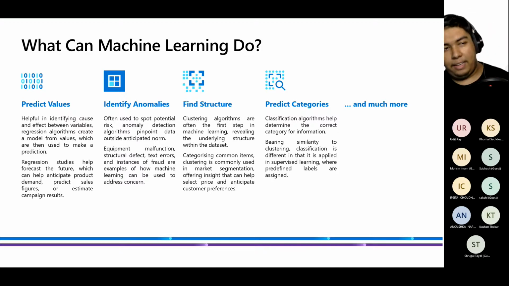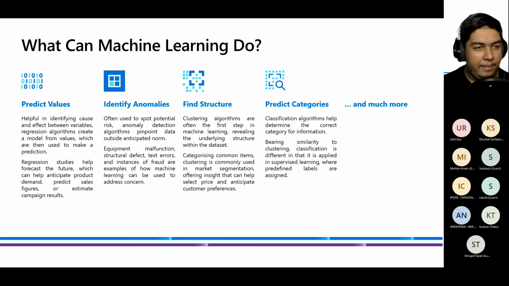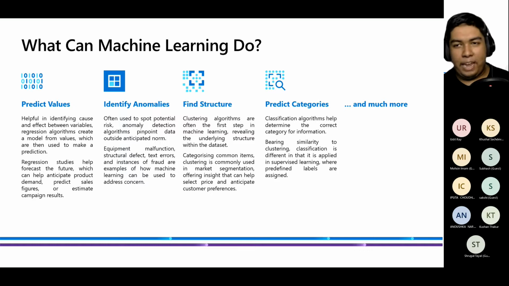You can use machine learning to do all the predictions there. You can identify faults in the data, or identify financial risks. You can identify errors like typographical errors or spelling mistakes, and all of that comes under anomalies.